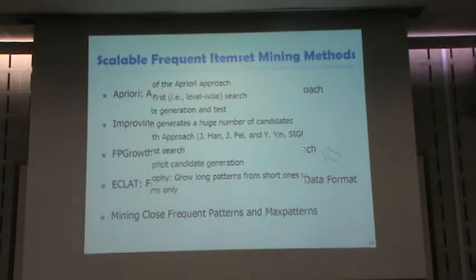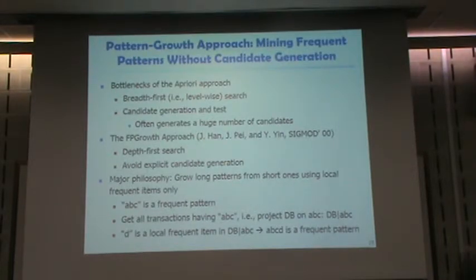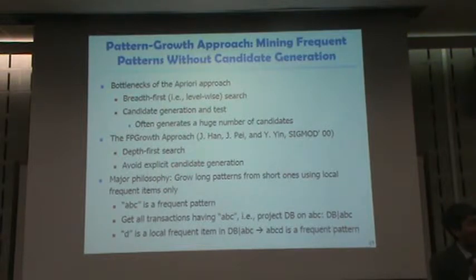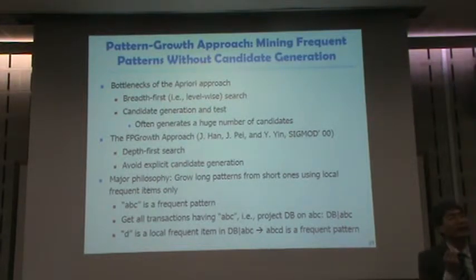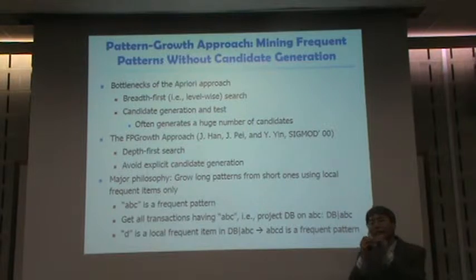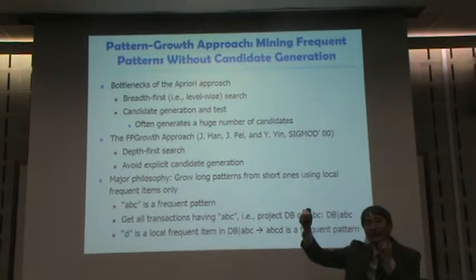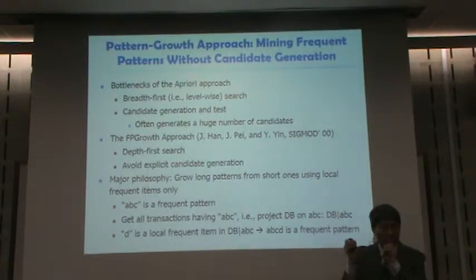But the most popular one is FP growth. FP growth is a kind of depth first search, which means we first find the one item set, then try to connect the other item sets based on that item set.